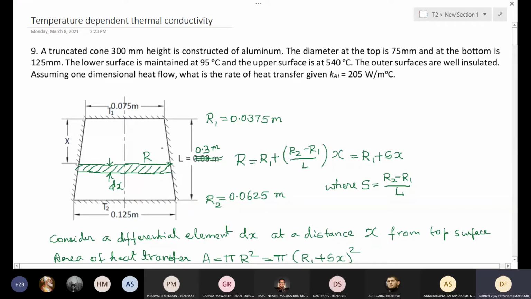The lateral surfaces of the cone are insulated. So we have to make a 1D heat conduction assumption and calculate the rate of heat transfer from the top surface to the bottom surface.